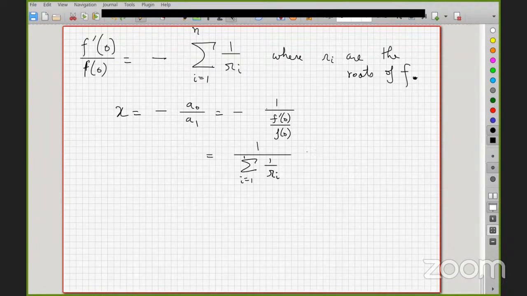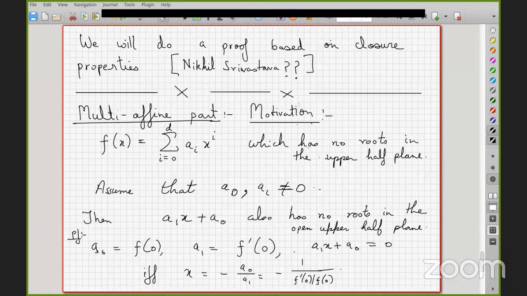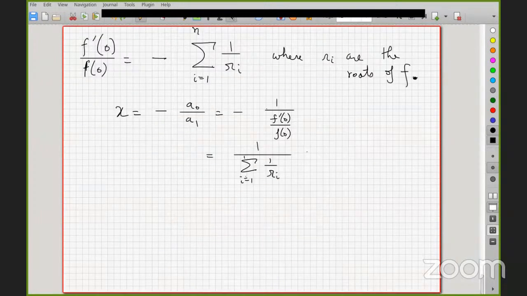Now each of these ri's has imaginary part that is, okay, let me just say not open but closed. So all the roots are actually in the open. By assumption, this ri must be strictly less than 0, right?